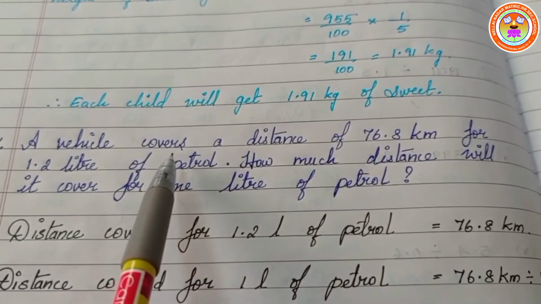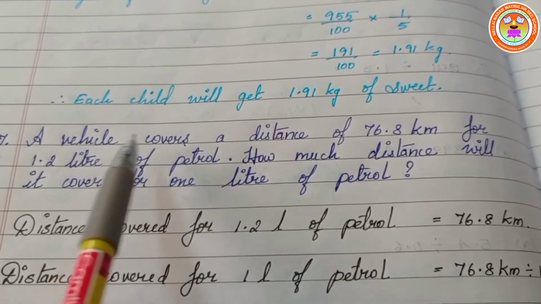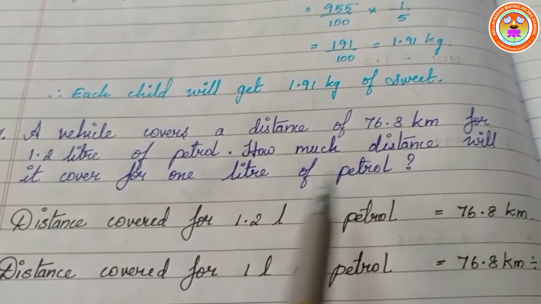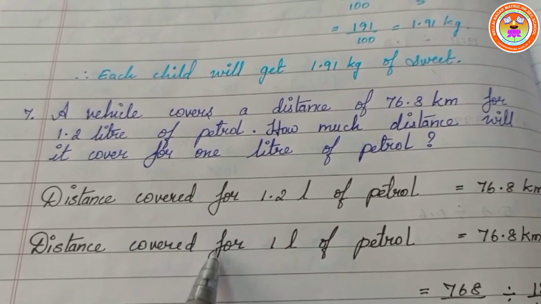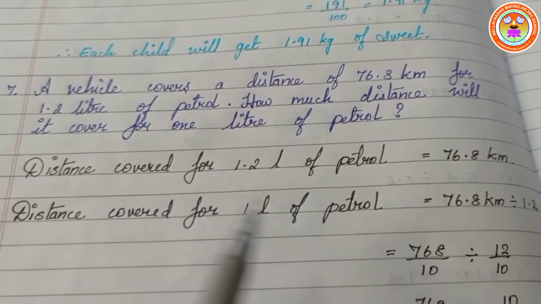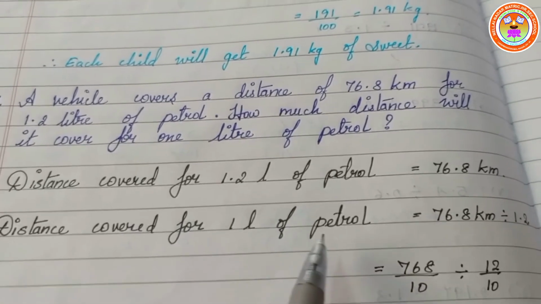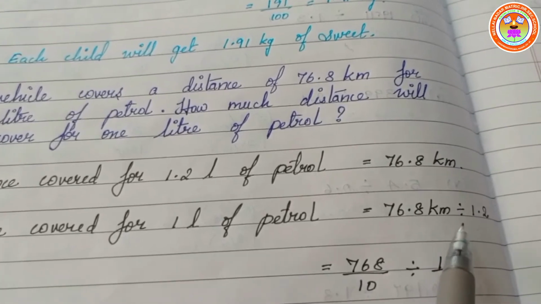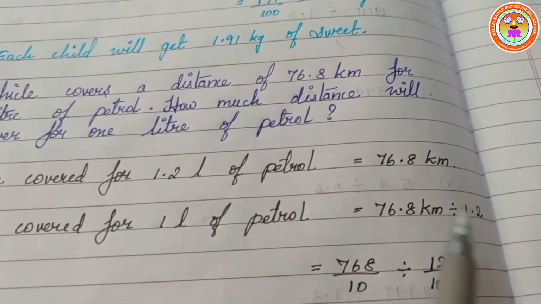So, for 1.2 liters of petrol, the vehicle is covering a distance of 76.8 kilometers. We want to find for 1 liter of petrol, how much distance will it cover? So, distance covered for 1 liter of petrol is equal to 76.8 kilometers divided by 1.2.